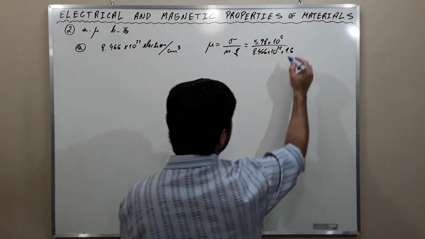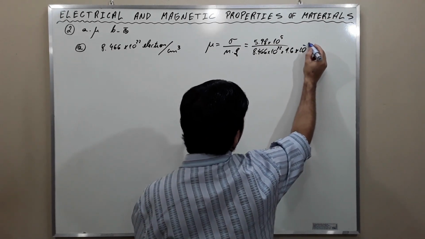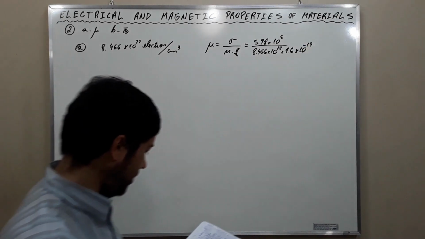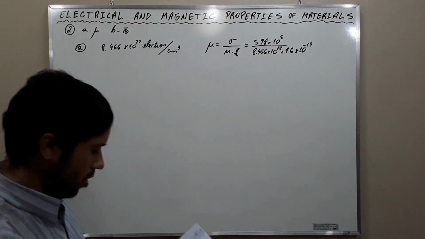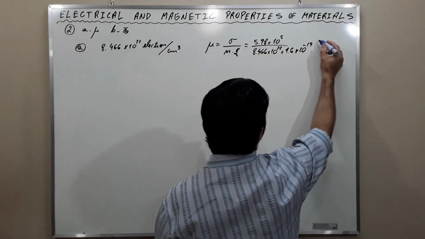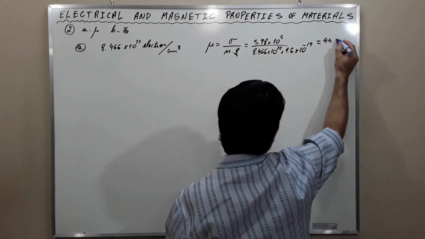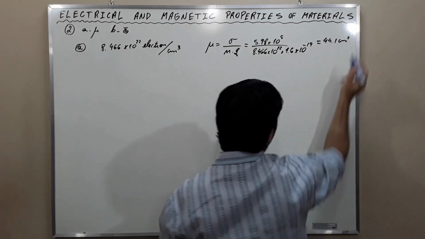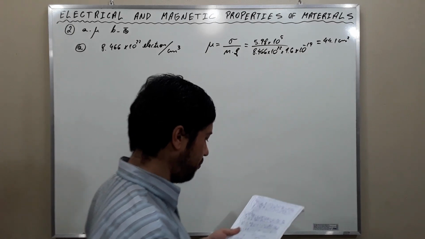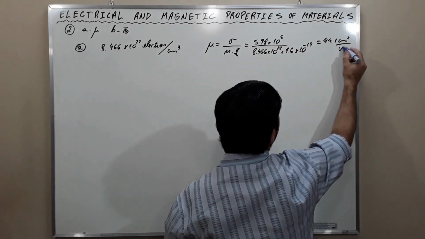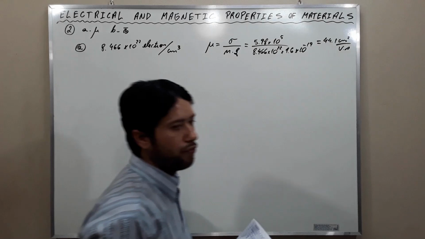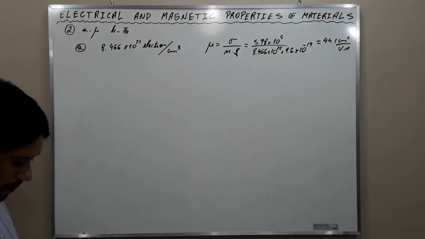1.6 times 10 to the negative 19, and this gives a mobility of 44.1 square centimeters per volt second. Okay?